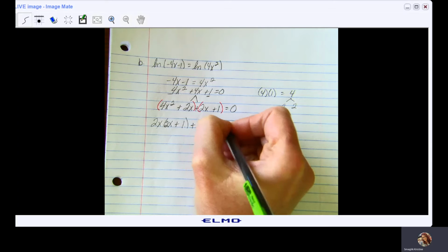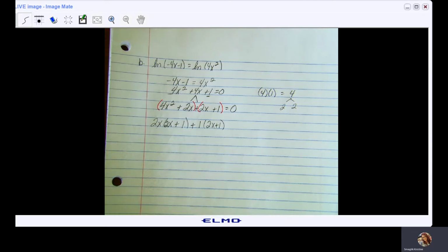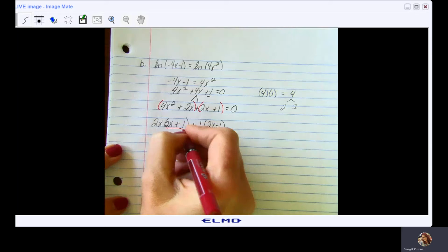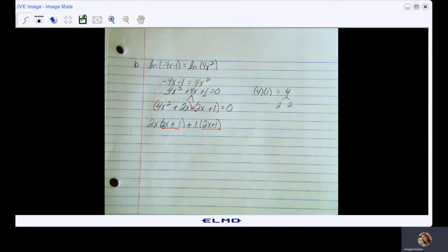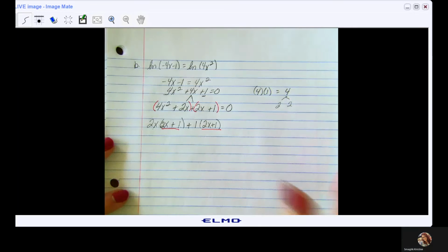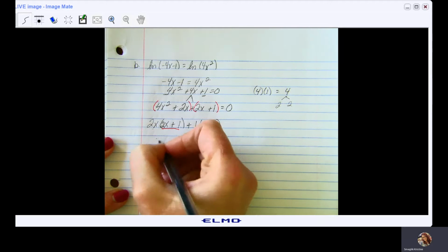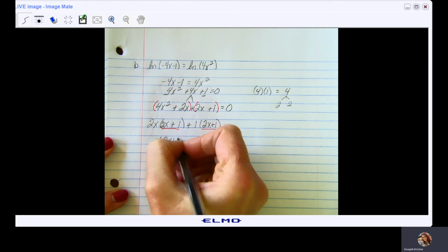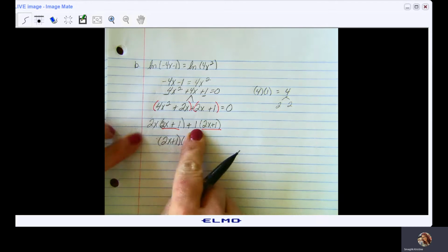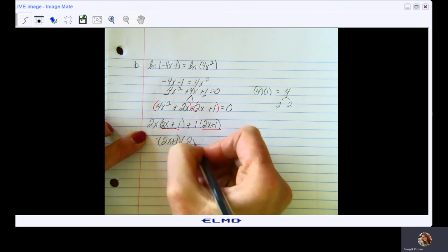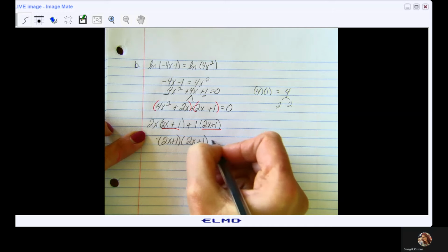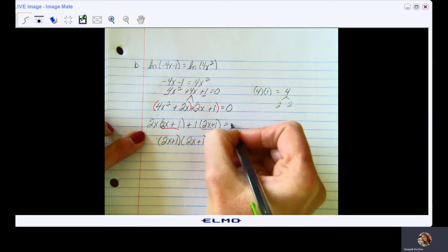2x plus 1. And now notice what's in my parentheses is the same. So I'm going to factor out that 2x plus 1. And then I write what is left on the outsides. Oh, and it's also a 2x plus 1. Oops, I forgot my equals 0 up here.